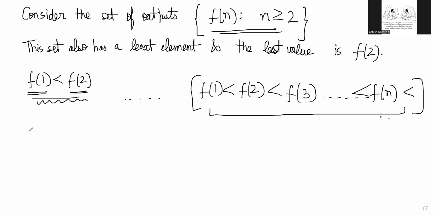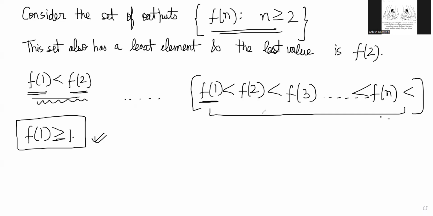Now from here, we can say that obviously 1 is the least element, so f of 1 will be greater than or equal to 1. The output of f of 1 has to start from 1 or more. Now, this bound along with this condition tells us, since f of 1 is greater than or equal to 1, that f of 2, which was greater than f of 1, should be greater than or equal to 1.